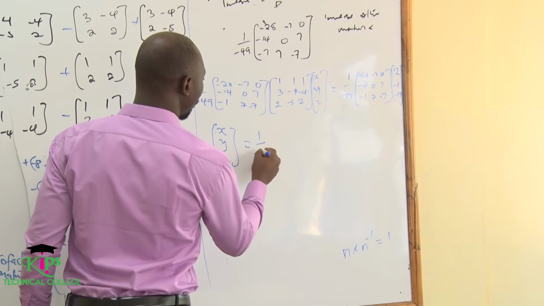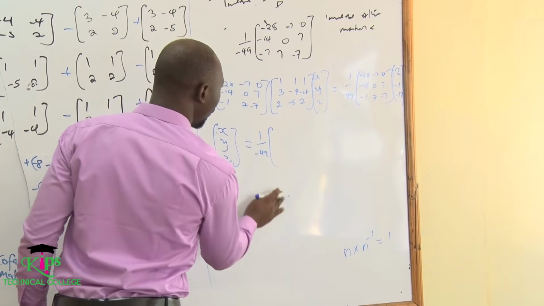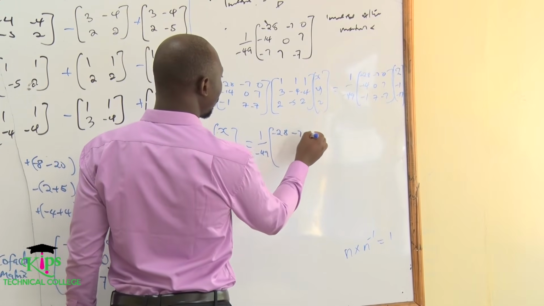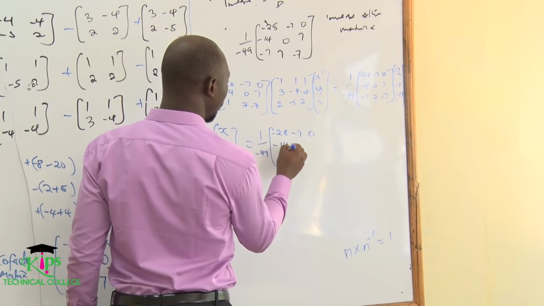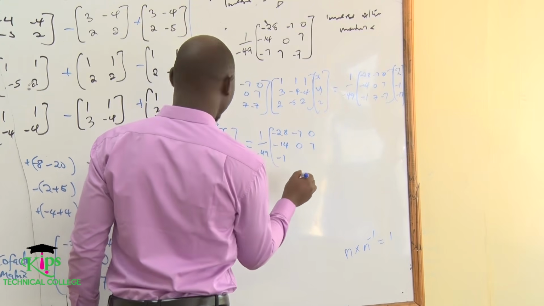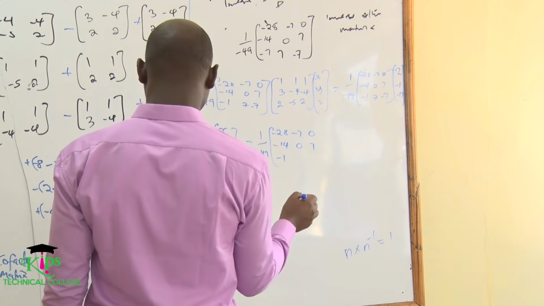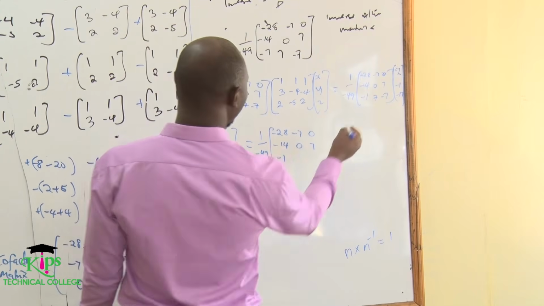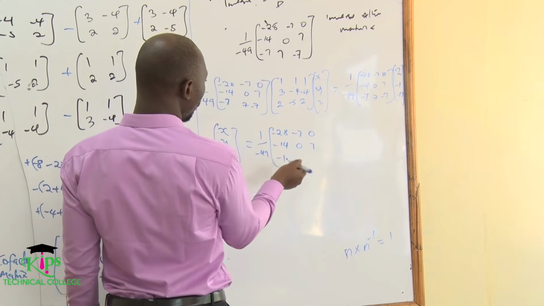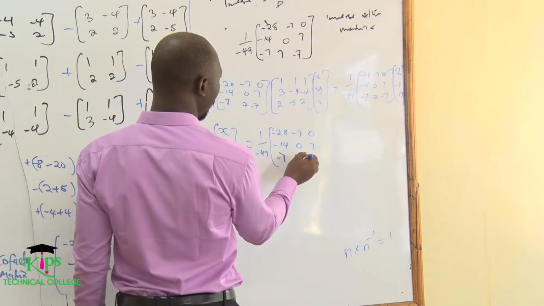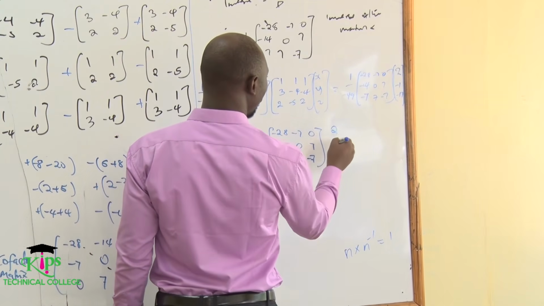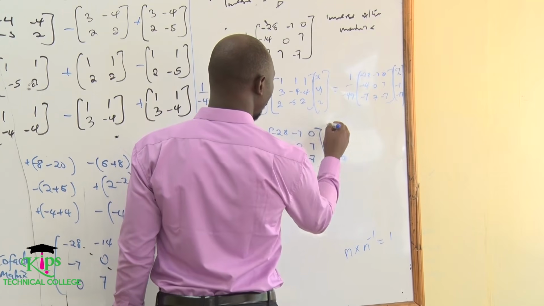That is 1 over negative 49 into negative 28, negative 7, 0, negative 14, 0, 7, negative 7, 7, negative 7, in that format, multiplied by 2, negative 1, negative 17.